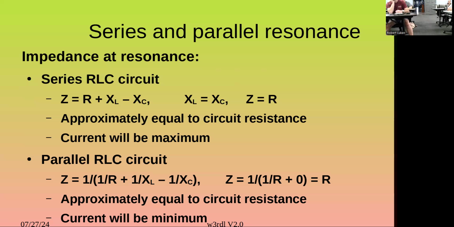In the parallel circuit, even though the impedance of the capacitor and inductor is essentially infinite, it's in parallel with the resistor of a fixed value, so it's going to be equal to or slightly less than the R value. So in either case, at resonance, the circuit is effectively going to be equal to the series or parallel resistance in the circuit.